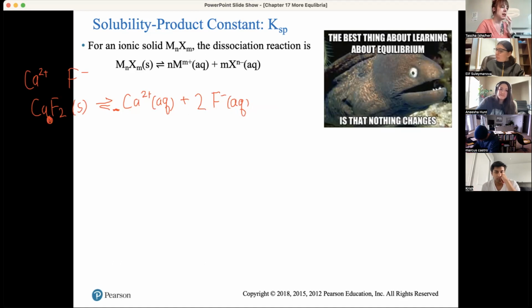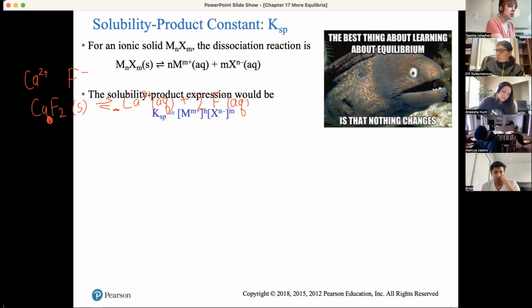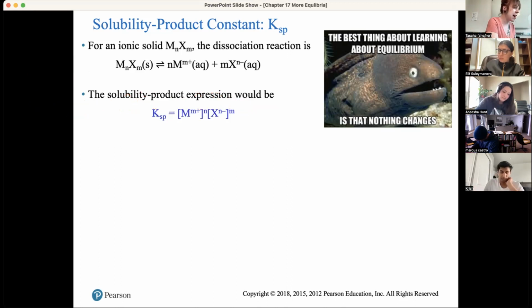Yes, okay, cool. And we write it in the aqueous form. So that's how we would dissociate the reaction. And then how I would write the Ksp is just my products raised to their coefficients, just like we did with regular equilibrium. I'll let you finish writing.